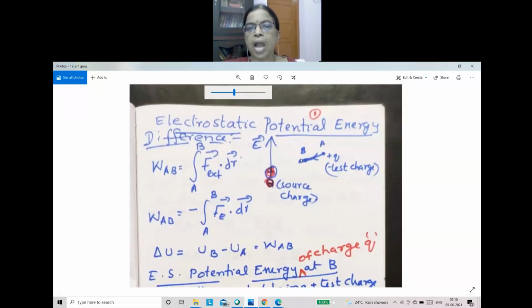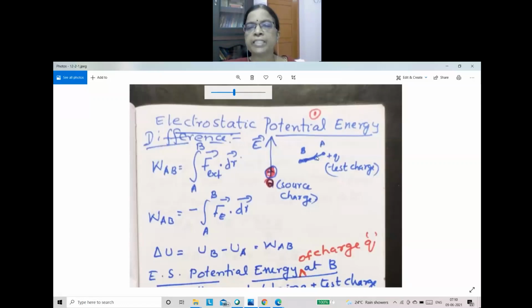F dot dr. And how much work do we have to do against the electrostatic field? Our work done is considered as the external work done. The electric field will do work on it to repel it, but we are doing work against that to bring it to the point through a small distance dr.